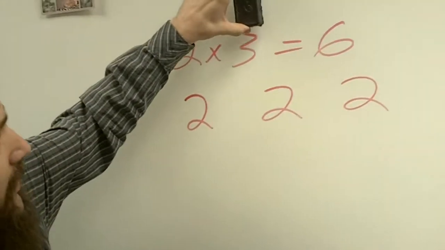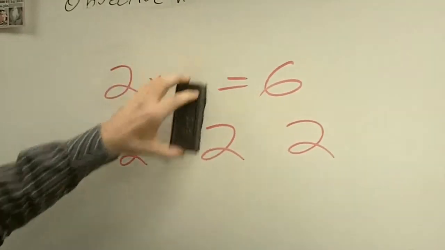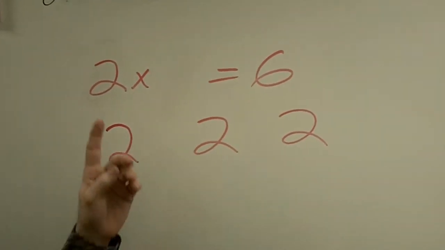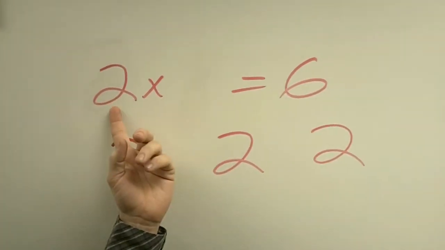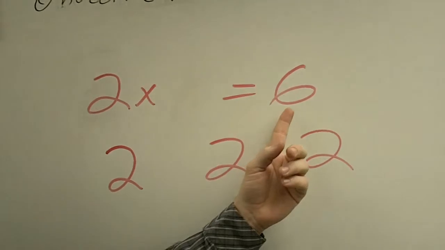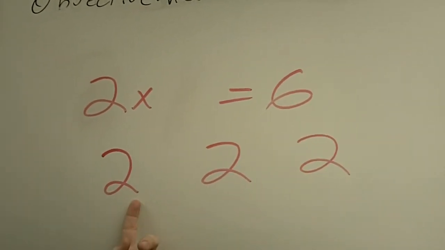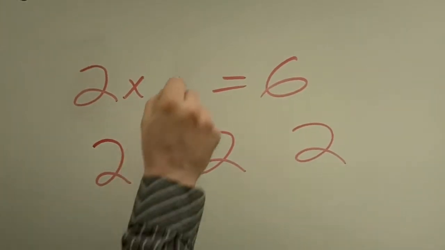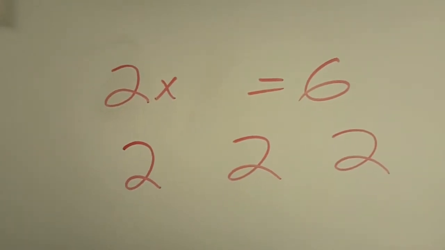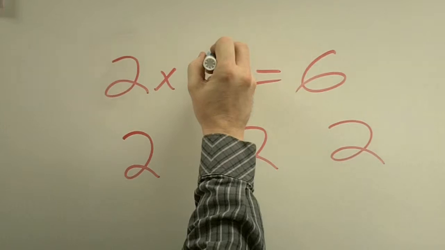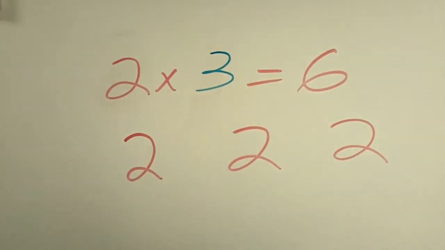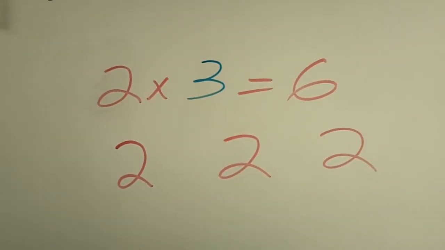So if I did not have this 3 here, I would say, how many groups of 2 are there in 6? 1, 2, 3. So what we're saying is there are 3 groups of 2 within 6.